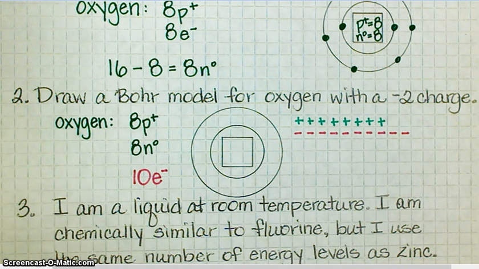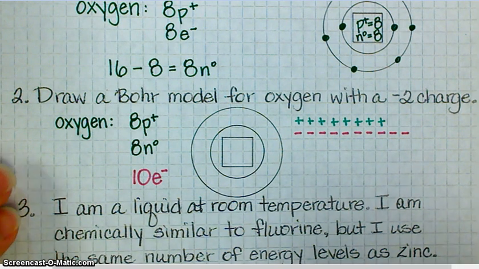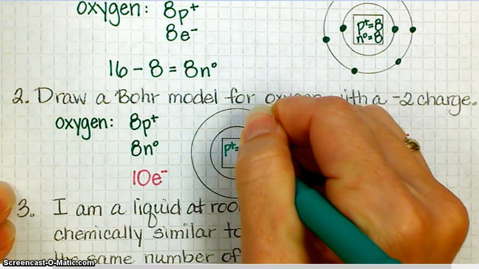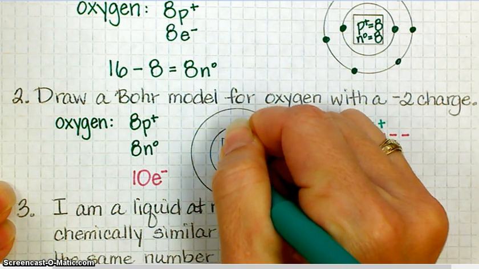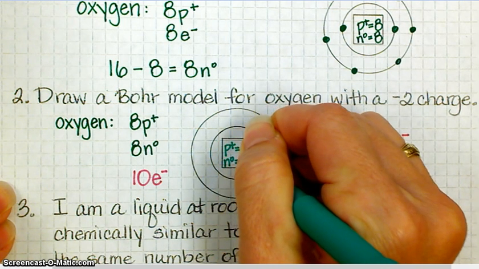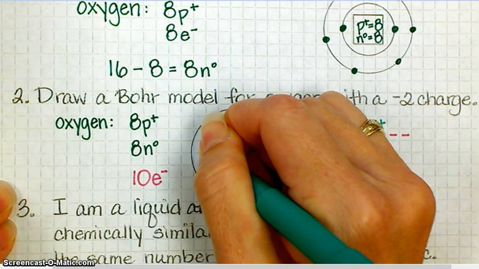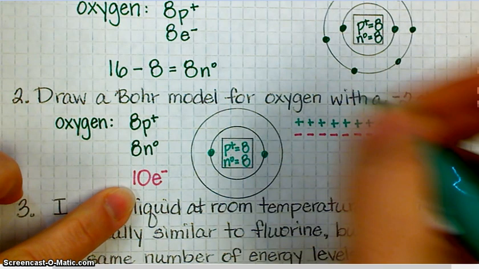So even though we haven't really discussed it yet, the situation is oxygen has gained 2 electrons from somewhere. Okay? Your nucleus is going to look the same because nothing happens to the nucleus in chemical reactions. Chemical reactions are all about what's going on with the electrons. Okay, and in this situation there are 10 electrons.